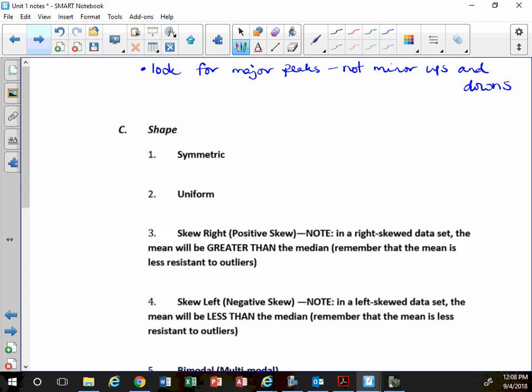You also need to look for clusters, which are just a whole bunch of data values really close together. Obvious gaps. Outliers.